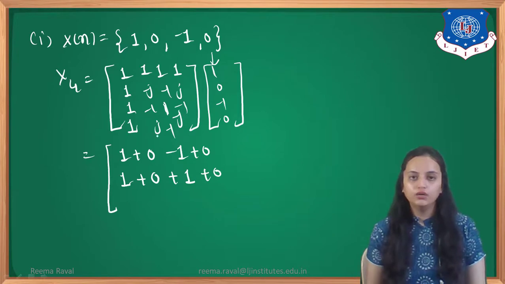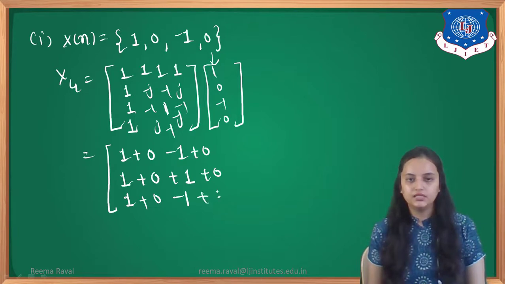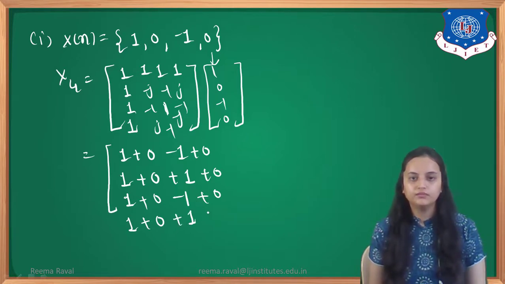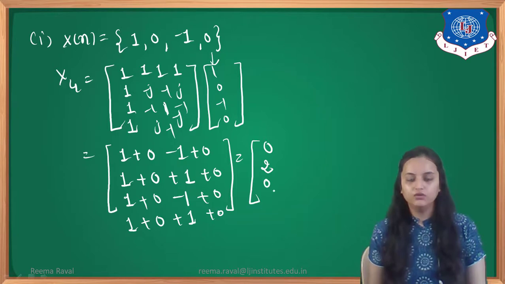Now for the third row, that value will be 1 plus 0 minus 1 plus 0, and for the fourth row, 1 plus 0 minus minus plus 1 plus 0. So the answer is 1 minus 1, 0; 1 plus 1, 2; 1 minus 1, 0; 1 plus 1, 2.